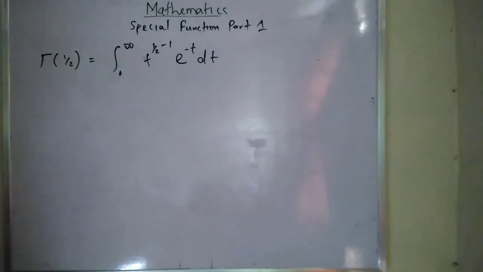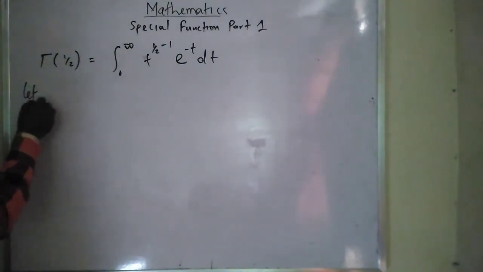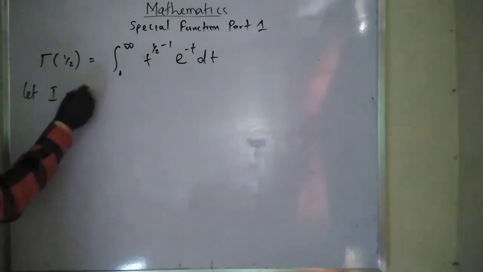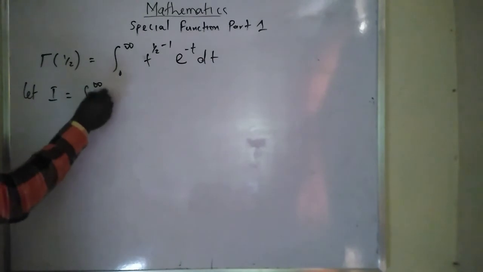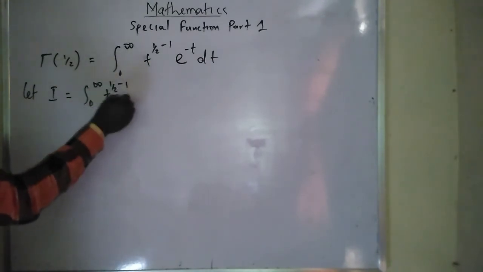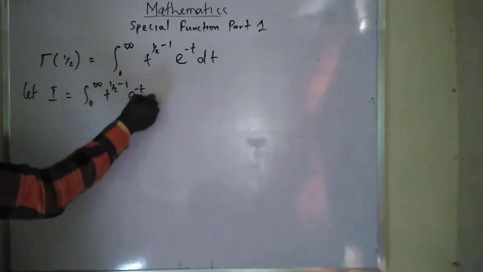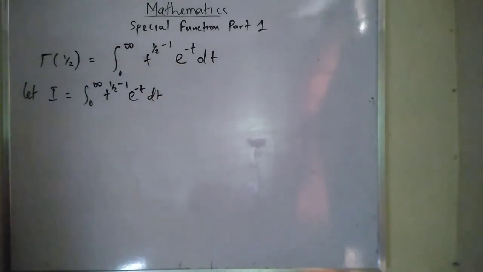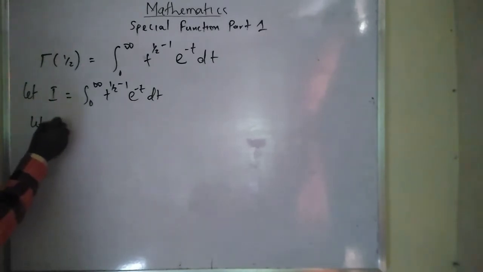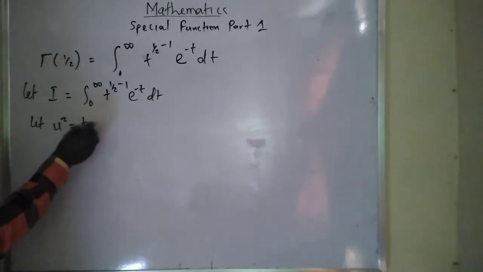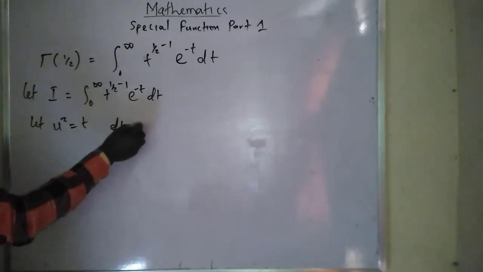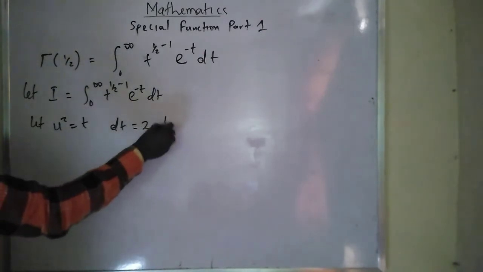Very, very important. Once I have this, let everything that is there be equal to I, which is the integral from 0 to infinity of t to the power 1 over 2 minus 1, e to the power minus t dt. Now, I can go by my part. Let u squared equal t, so dt equals 2u du.